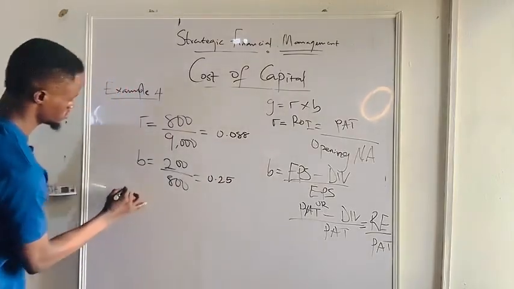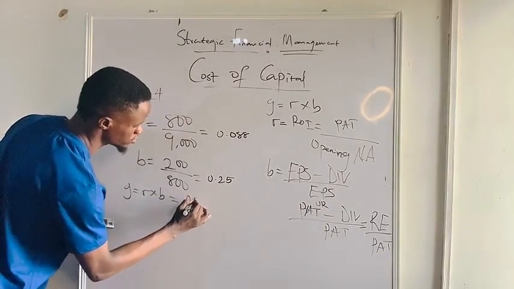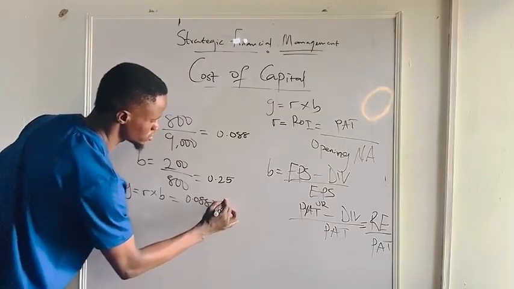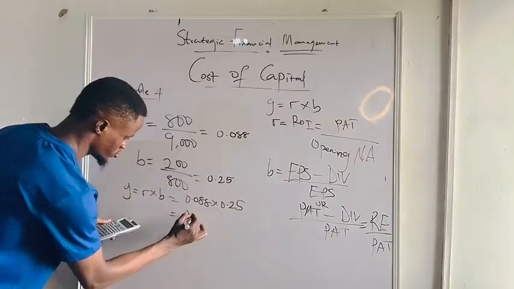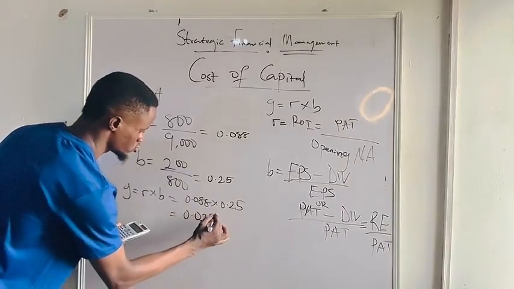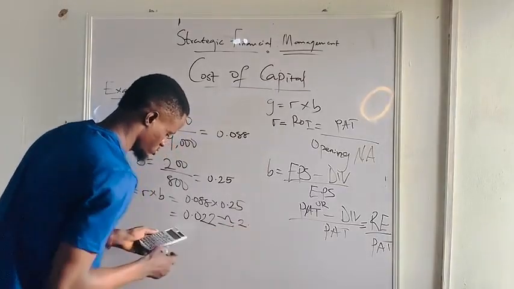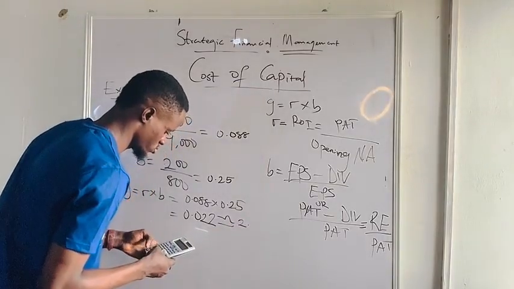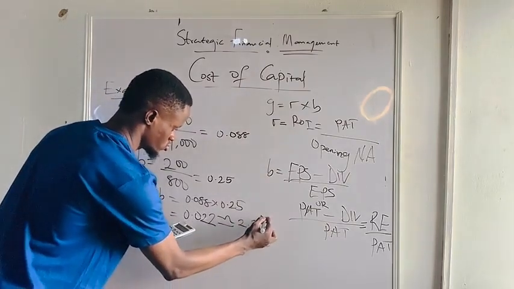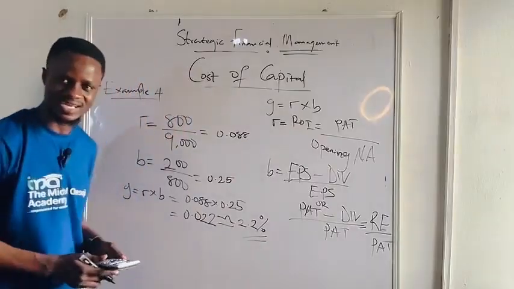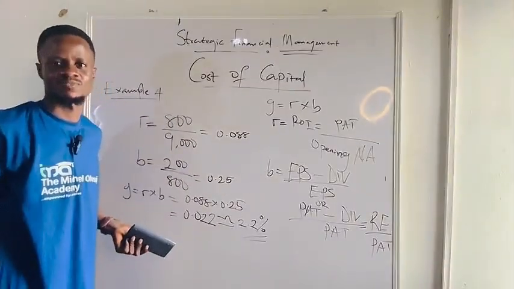So G is equal to R times B, then 0.0888 times 0.25 is equal to 0.022, which is the same thing as 2.2% when multiplied by 100. That is our answer. Can you see? Simple. So simple.